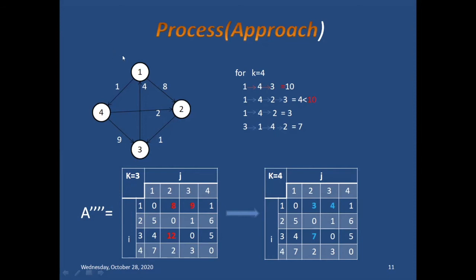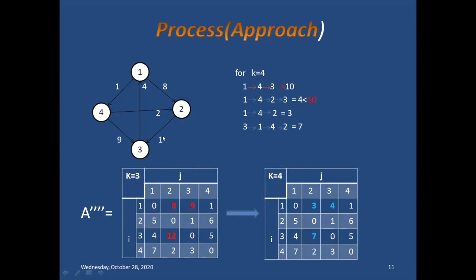So we can go 1 to 4 to 3 by distance 10, and we can go 1 to 4 to 2 to 3 by distance 1 plus 2 plus 1 equals 4. Here both paths go from 1 to 3, so the source and destination are the same.